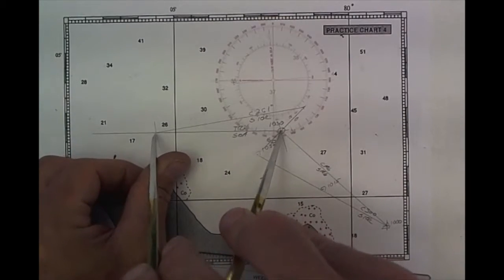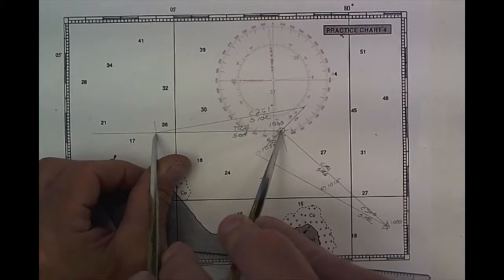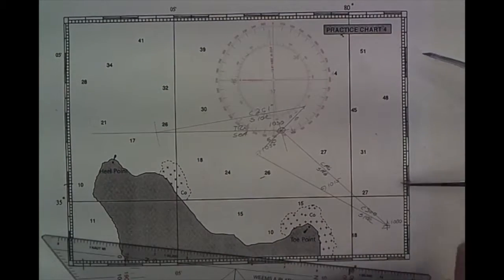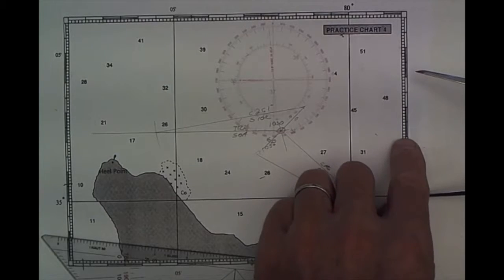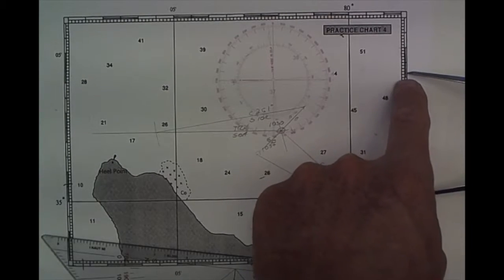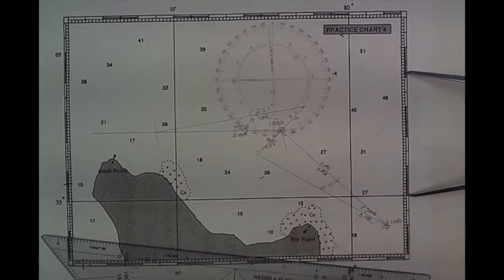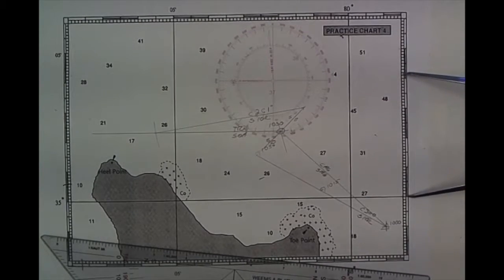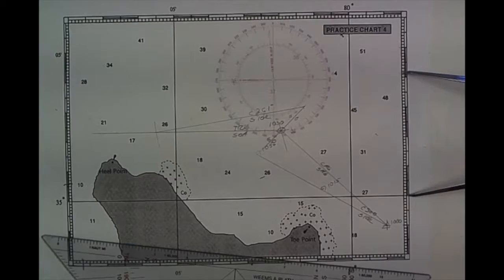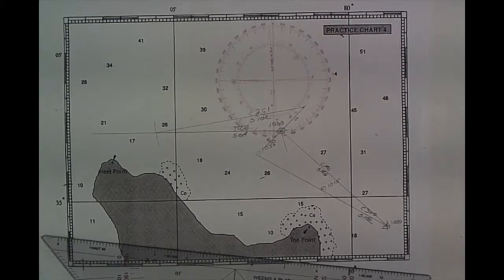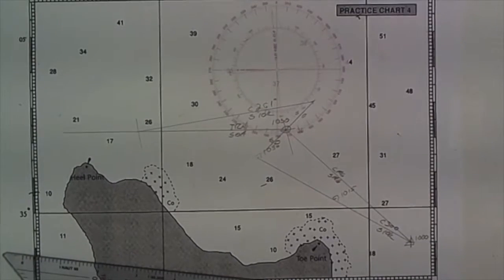We will measure the length of this vector. It's 4.1 miles, but again, that's in half an hour, so we multiply that by 2. Our speed of advance is 8.2 knots. We've now finished our entire current sailing triangle problem.